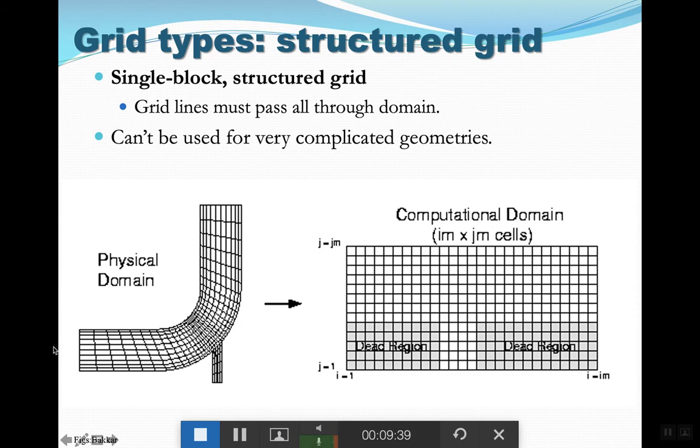It works for sure for simple geometries, specifically 2D geometries, and of course some 3D geometries. We will be using it in our class, but generally speaking, it is not very practical because once you move to complex geometries, you won't be able to use this system.